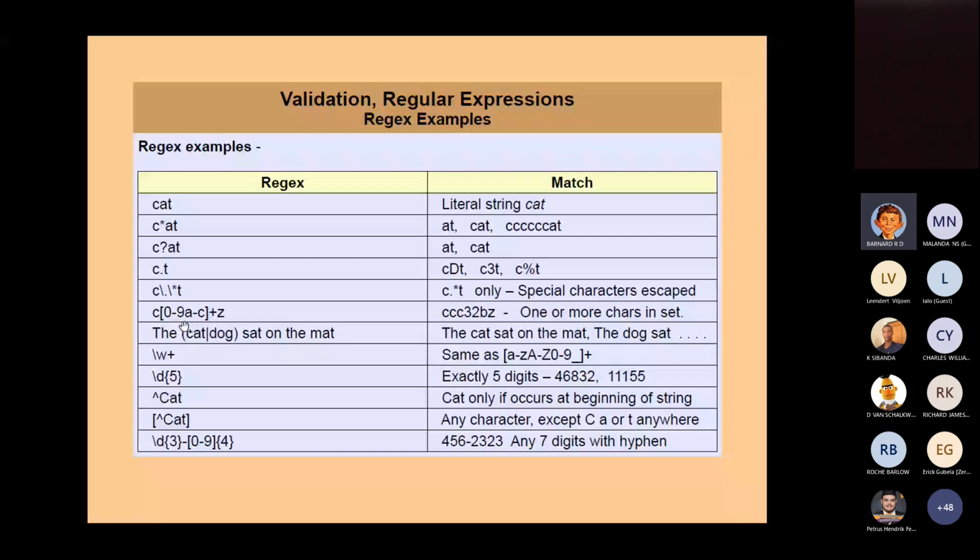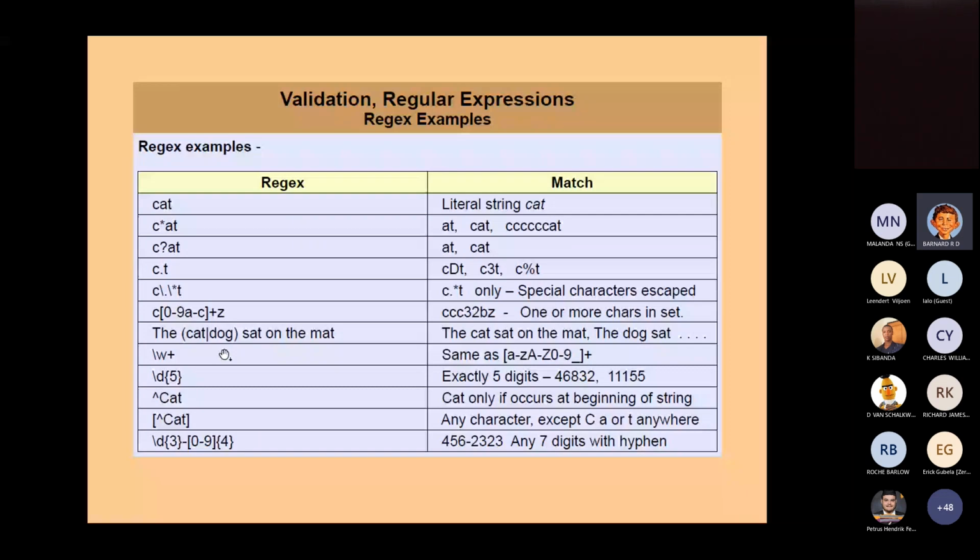So it can, as an example here, be C followed by C, followed by 3, 2, followed by B. All of those come from within there, and there can be 1 or more instances of them. And then the last character is a literal Z. So this regular expression is saying there's got to be a C at the beginning and a Z at the end, and 1 or more of the characters, any number, as long as there's at least 1 of the characters within the square brackets.